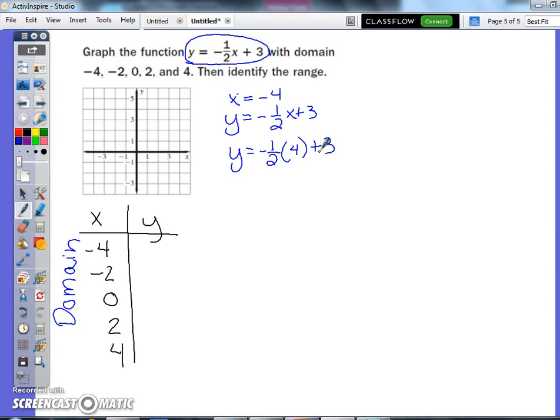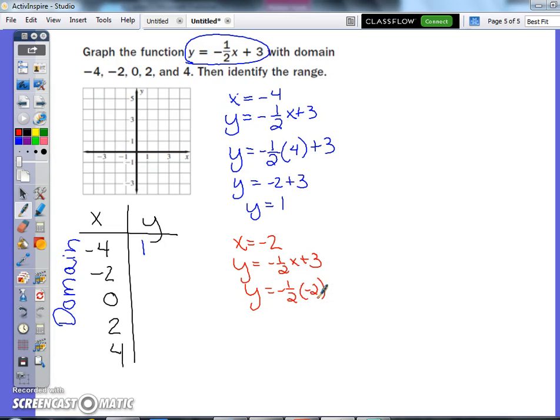You can know that half of 4 is 2. Well, y equals -2 plus 3. So y equals -2 plus 3 is a positive 1. Plug it in right here. Then we plug in when x equals -2. So y equals -1/2 x plus 3. So y equals -1/2 times -2.